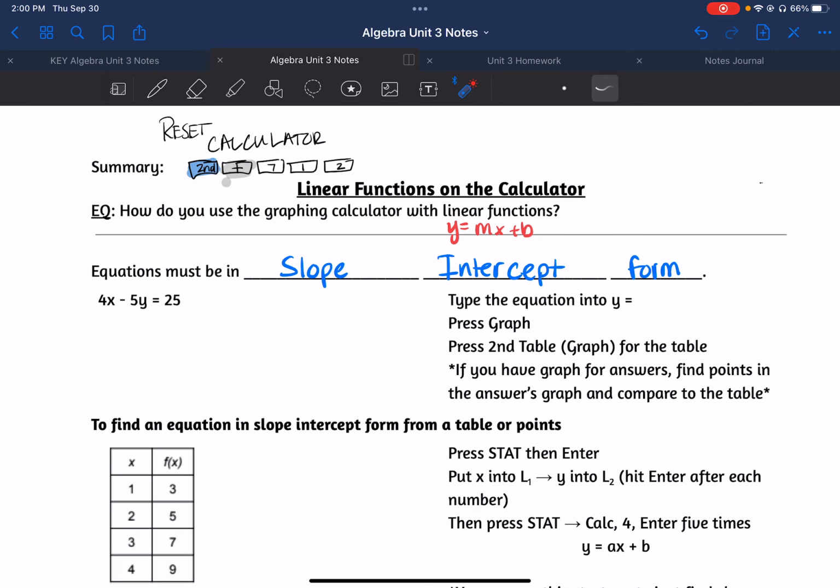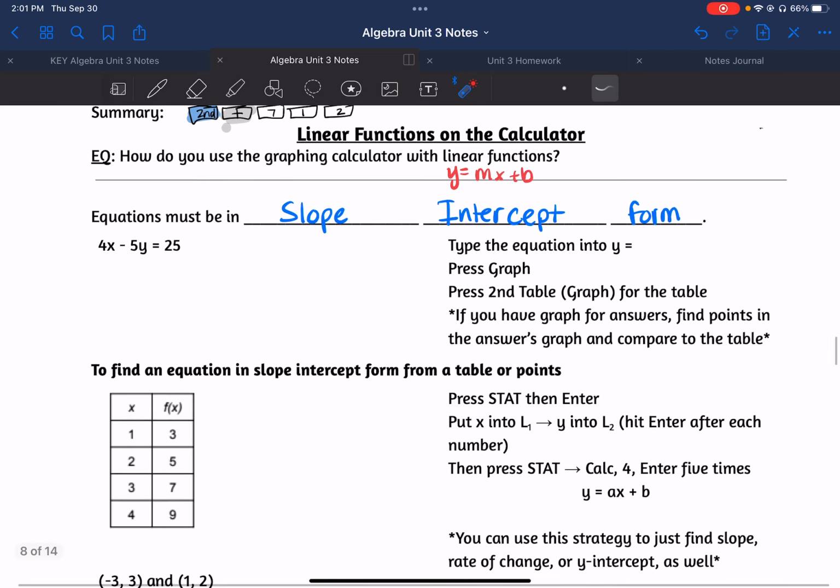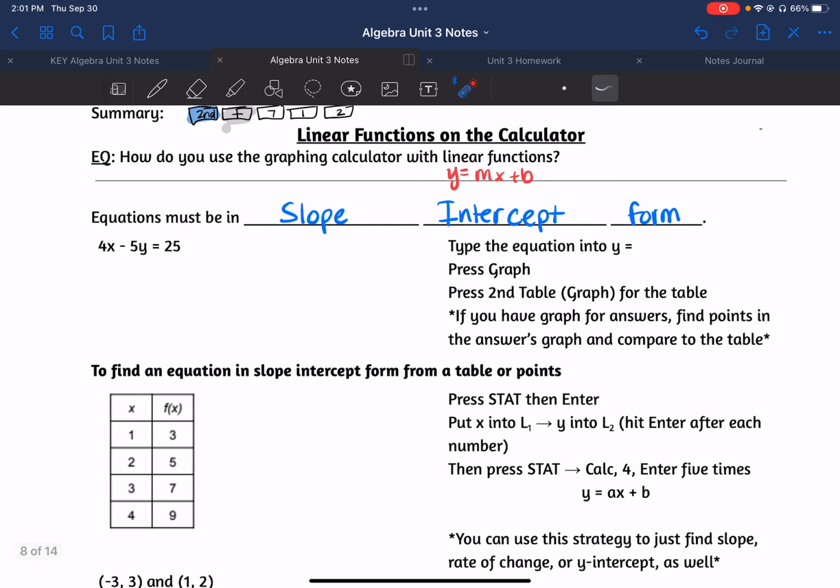Okay, here's what we're doing today. How do you use the graphing calculator with linear functions? Equations must be in slope-intercept form. Those first three blanks, go ahead and fill that in your notes. Slope-intercept form, y equals mx plus b, that's what we call slope-intercept form. Today I'm going to show you how to take this equation, write it in y equals mx plus b form, which you should already know based off the literal equations, and then put it in your calculator and graph it.